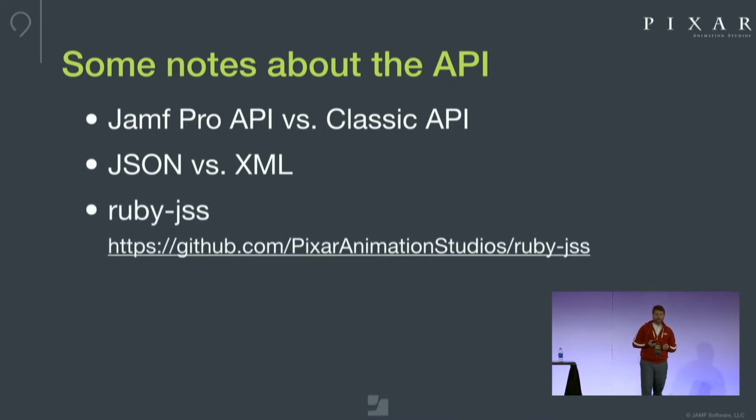And so that gives me an opportunity to plug Ruby.jss. Ruby.jss is a framework, a library that acts as a wrapper around the Jamf Pro API, or I guess the classic API, and then in the future, the Jamf Pro API. It's a great tool written by my colleague Chris Lascelles here in the front row, and also contributed to by Arika Hayes, also in the front row.